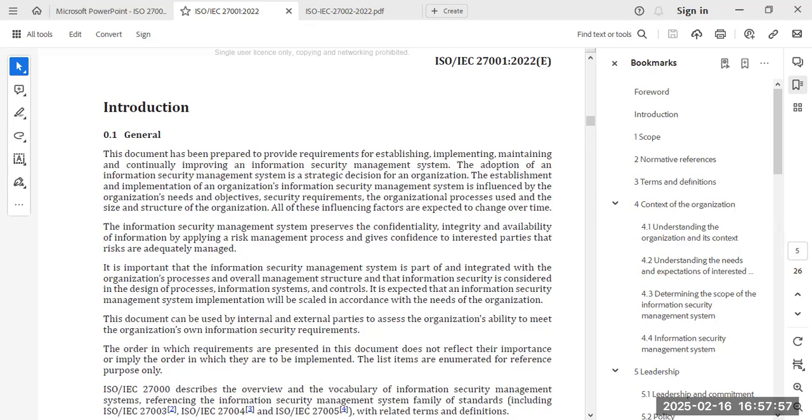Just hold on. Please confirm that you have received and downloaded your copy of the ISO 27001 standard so that we can move forward with the rest of the session.